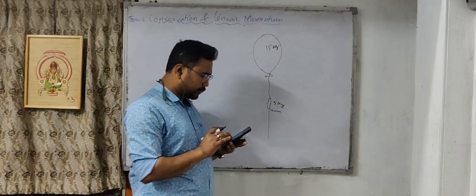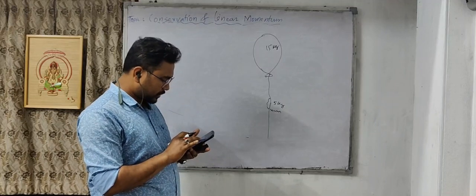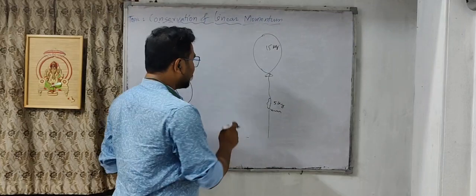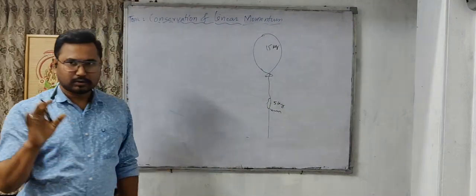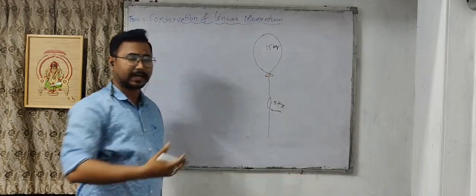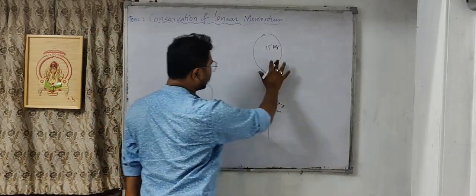The velocity of the balloon, if the man starts climbing the balloon with velocity 10 meters per second with respect to the balloon. That means for the question we have understood one thing, that both of these were static before climbing, correct? That means there is no velocity at all.